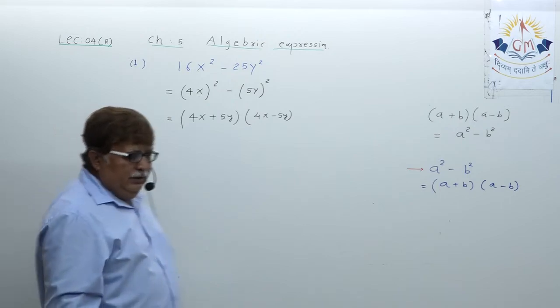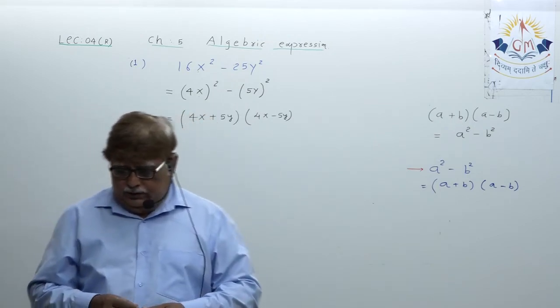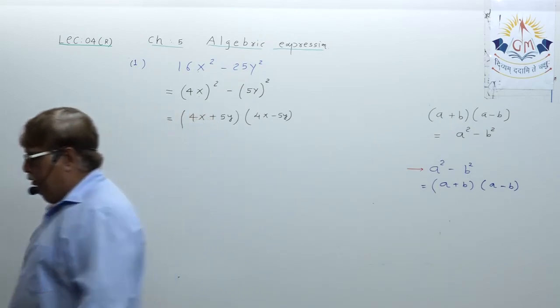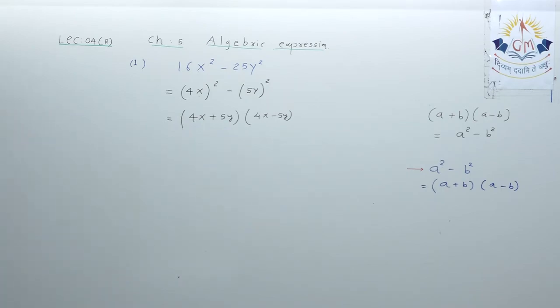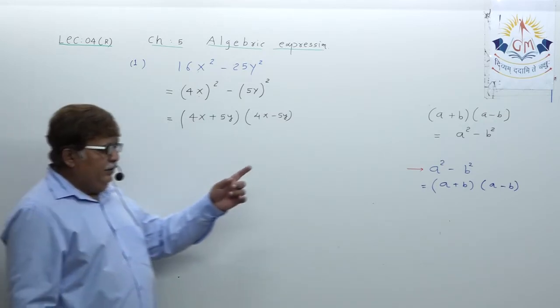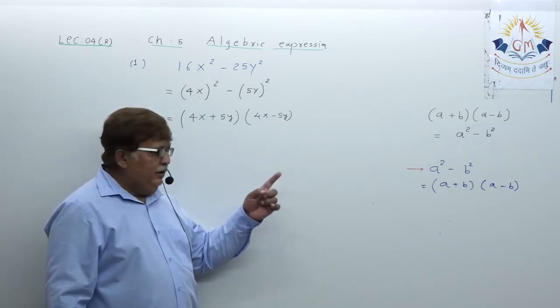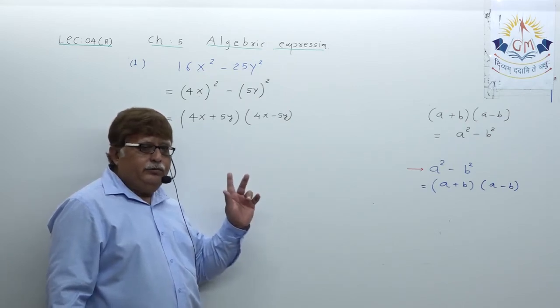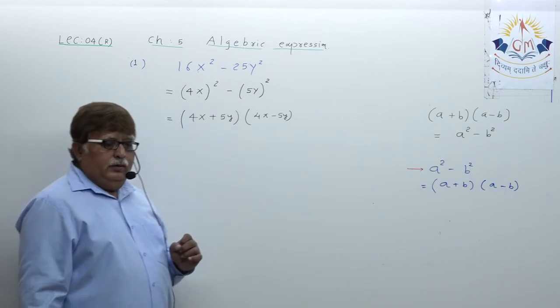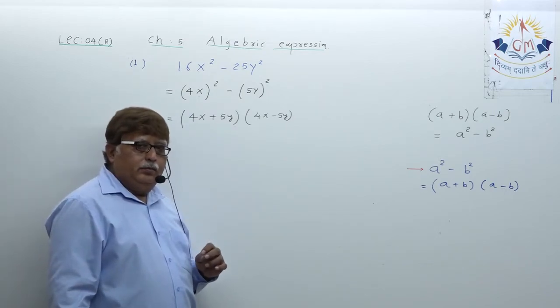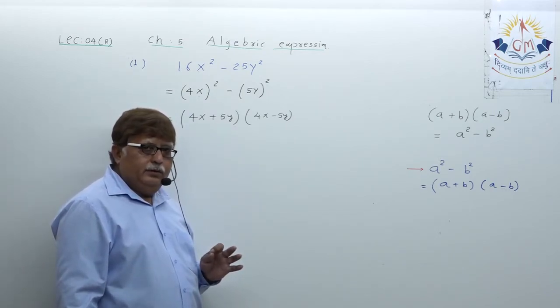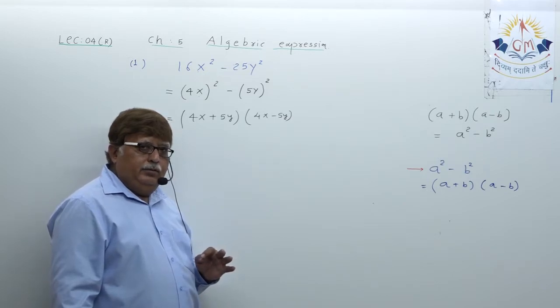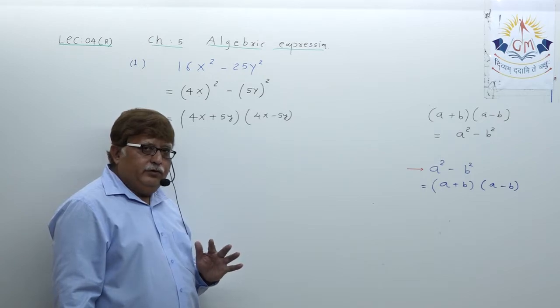This is, I just took one example for the revival in your mind regarding this particular identity. I have taken it just to remind you of those clue points. Two terms, both are perfect squares, and in between those two terms there is a negative sign.